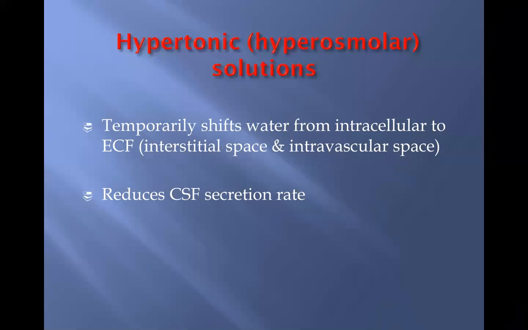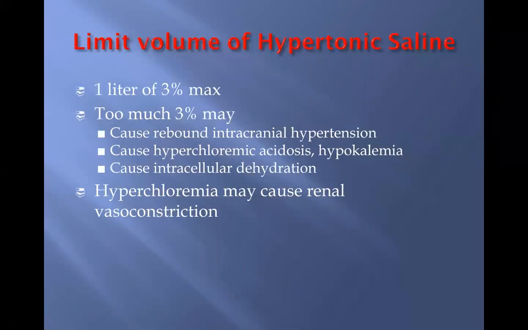As it is hypertonic, it leads to an increase in osmolarity, so there will be a temporary shift of water from the intracellular to the extracellular compartment. At the same time, this type of fluid reduces the CSF secretion rate, so it decreases the production of CSF as a side effect.